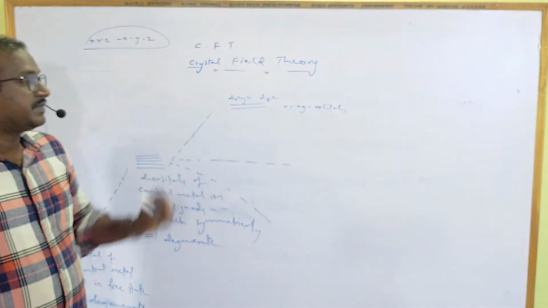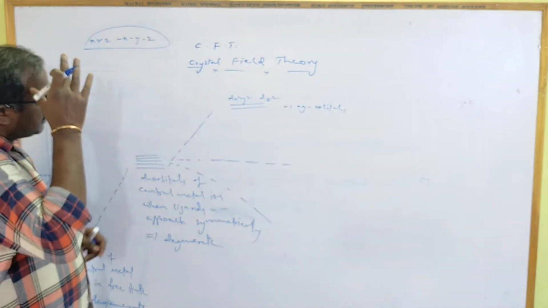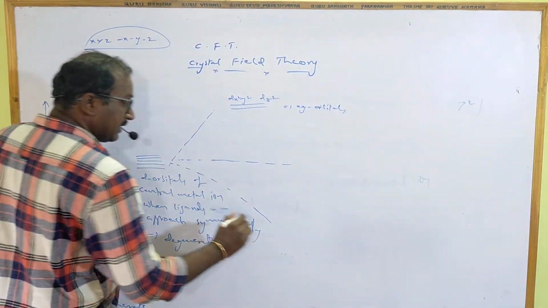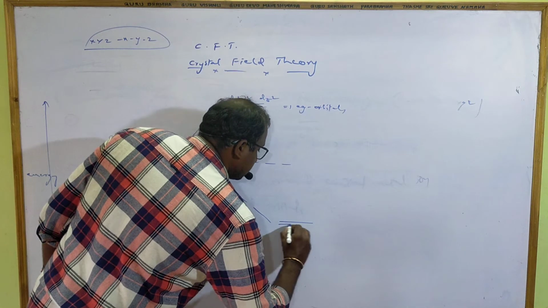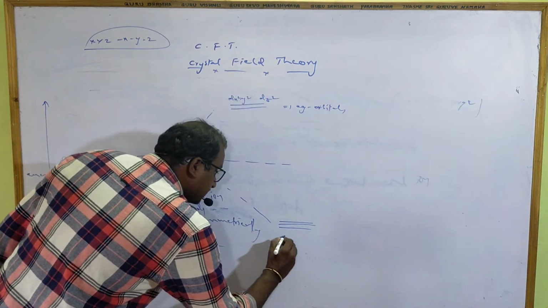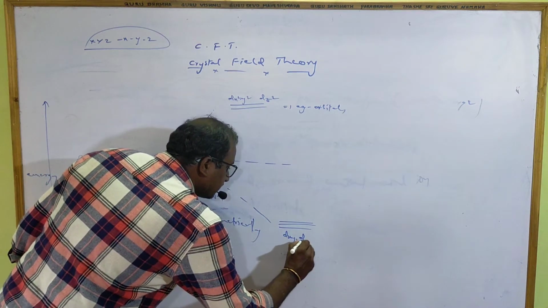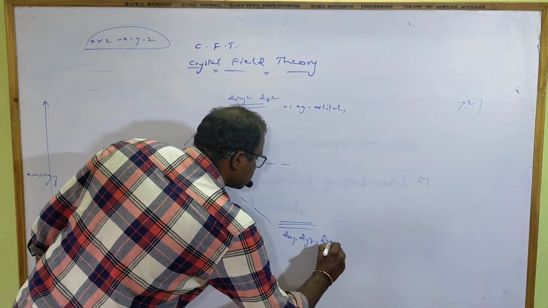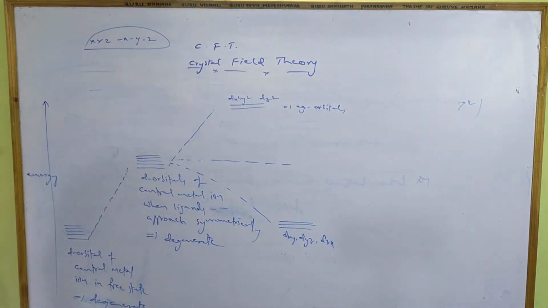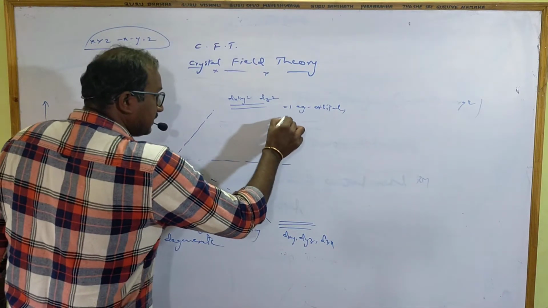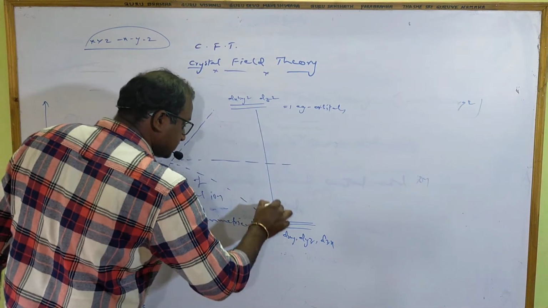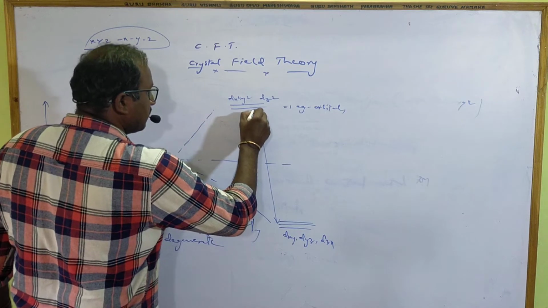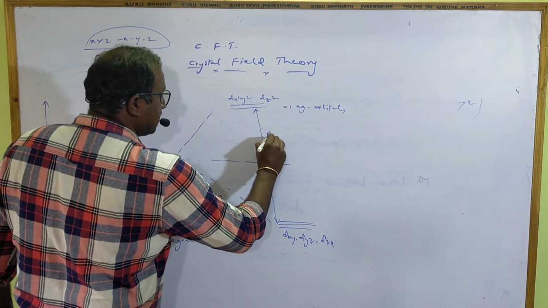So the energy becomes more and they go into the higher energy group. And here are three orbitals: dxy, dyz, dzx, like this. The energy difference between these two groups we call delta O.